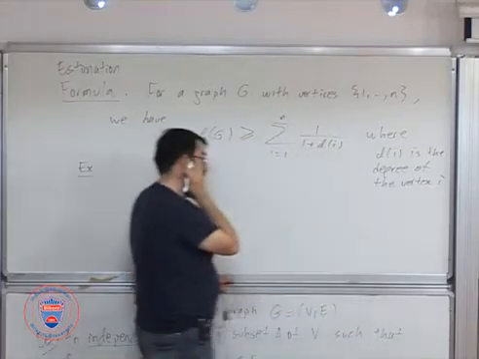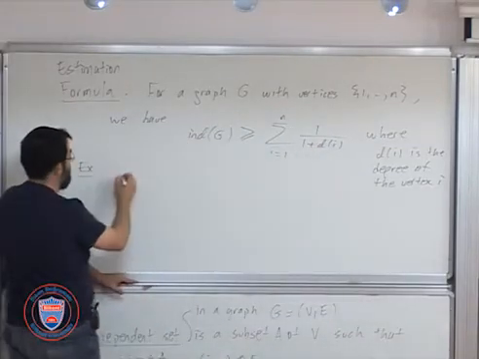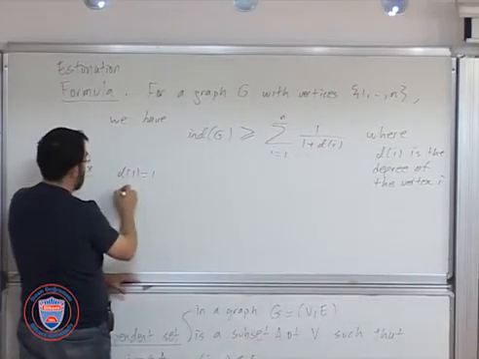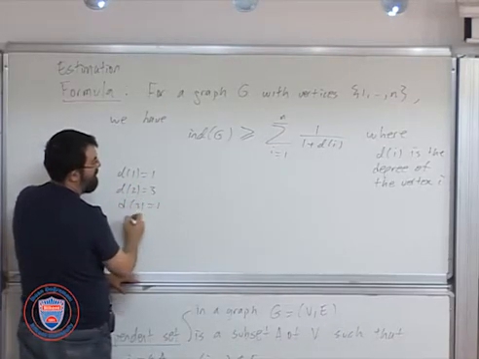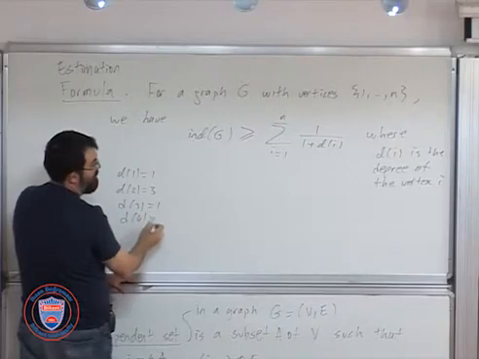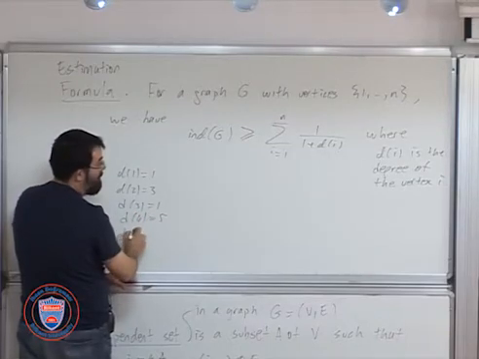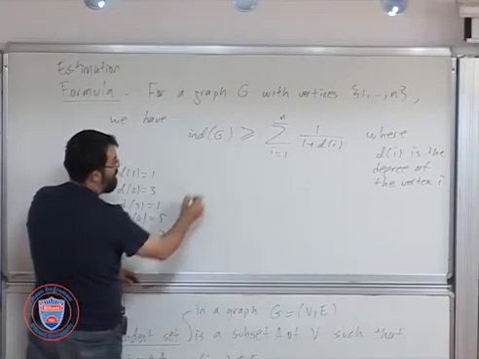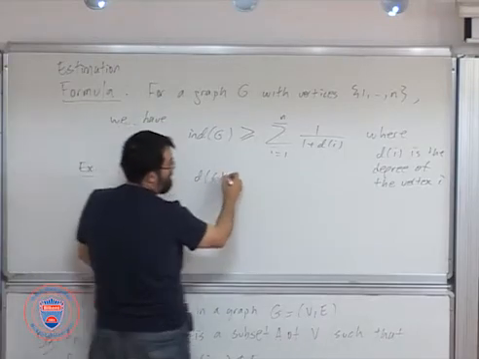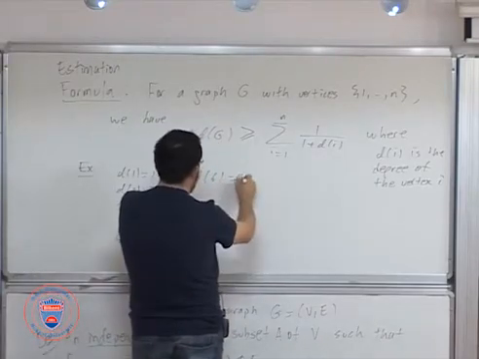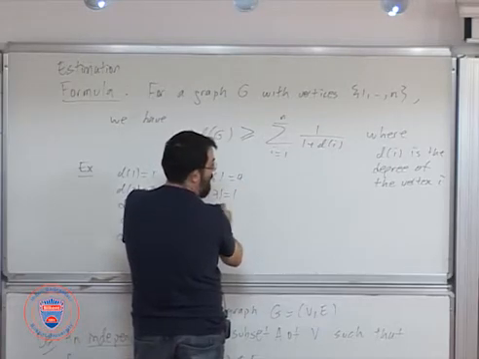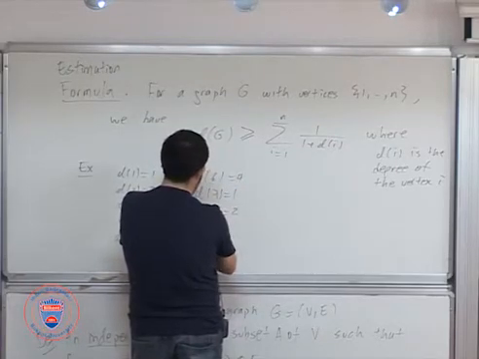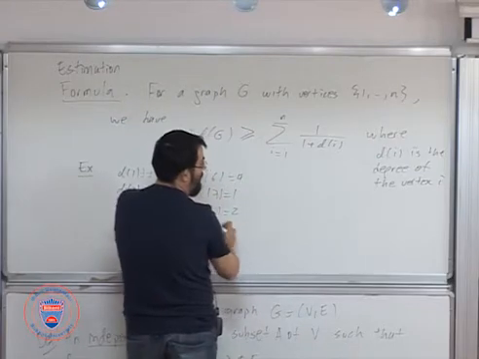So in this example, d1 is 1, d2 is 3, d3 is 1, d4 is 5, d5 is 3, d6 is 1, 2, 3, 4, d7 is 1, d8 is 2, d9 is 2.